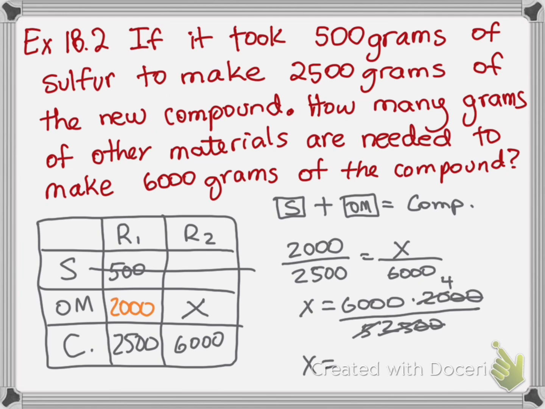And then we can divide by 5 again, which would be 1,200. Then we just multiply 1,200 times 4, which is 4,800 grams of other materials. And that would be it. Very simple exercise. It's just the same kind of idea, but applying it in chemistry as well.